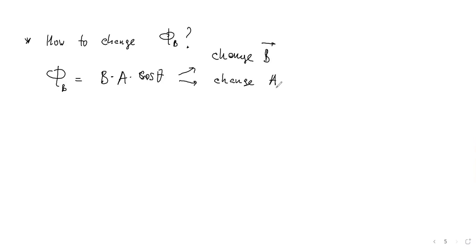So if you have a loop, if you try to reshape this loop or make it larger or smaller, the area itself, even without changing the strength of the magnetic field, just changing the area, you will change the flux. And also you can change the angle.